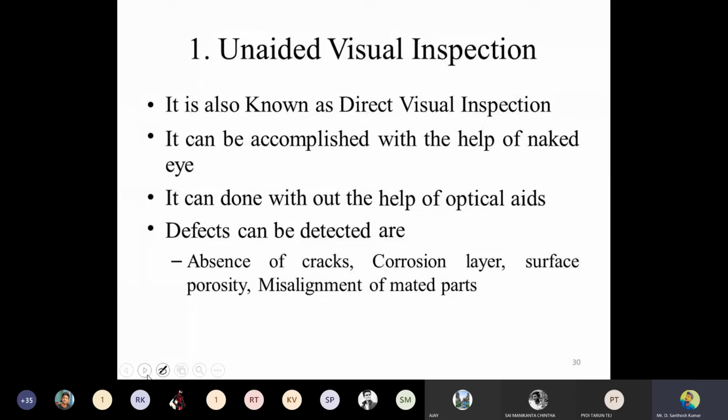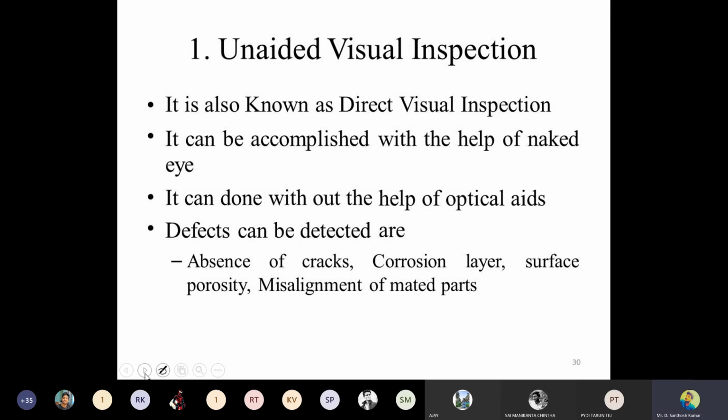If there are any cracks, any corrosion layer, surface porosity or misalignments, because the size of those defects or flaws is somewhat macro level, you can easily identify them. You do not take any help of optical aids, such as mirrors or magnifying lenses. You do not need help from those equipments. Even without those, you can easily identify some defects. That is called the unaided visual inspection method.